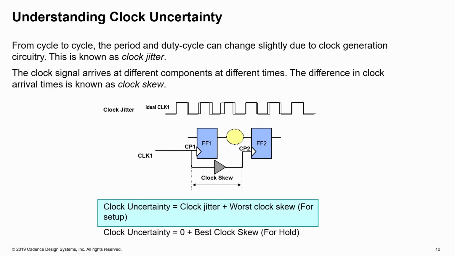Because we're talking about real clocks, and these clocks are generated by clock oscillators or PLLs, there is a certain uncertainty where the period and the duty cycle can vary slightly because of the circuitry that is generating these clocks. This is considered clock jitter, and each clock oscillator comes with a datasheet with definitions and also the values for all of these different things.